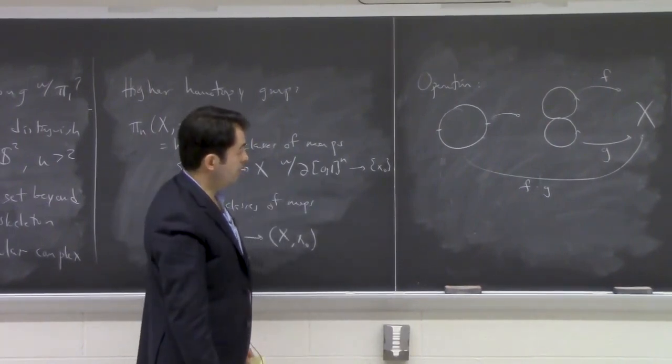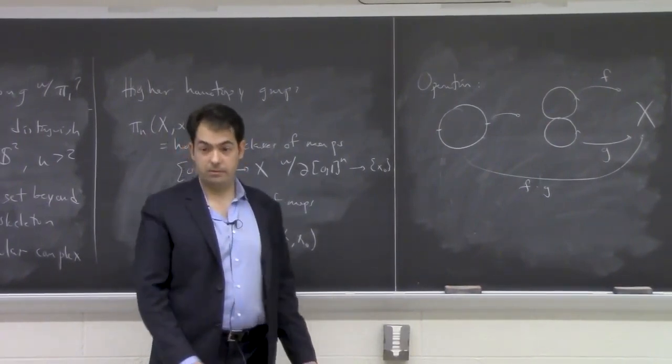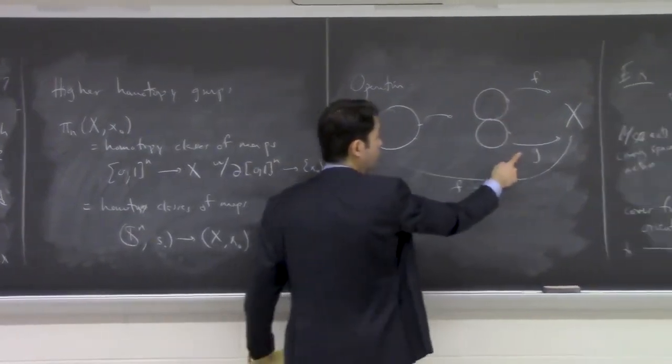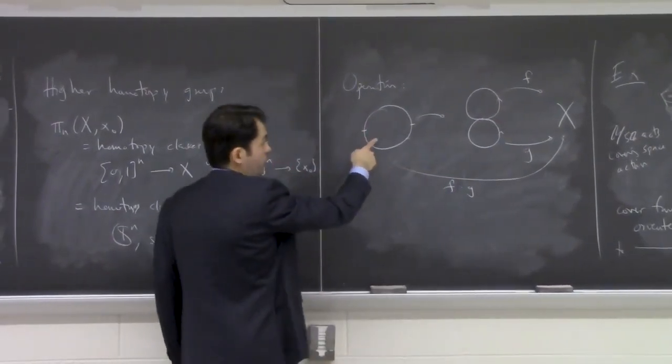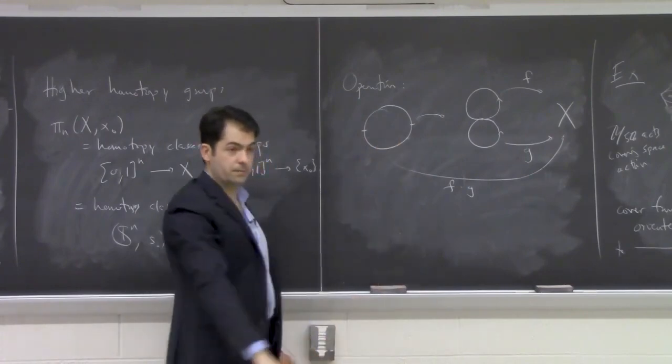So that's pictorially what we did to get from 2 loops a single loop, where you just do F and then G.